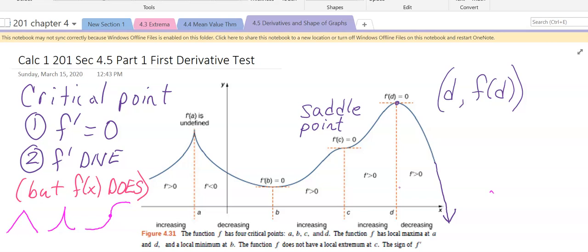When you split the domain of the function into its critical point intervals, you can analyze the sign of the first derivative between them. The first derivative cannot change sign from positive to negative if it is continuous without crossing the x-axis. That accounts for the first set where the first derivative is 0.